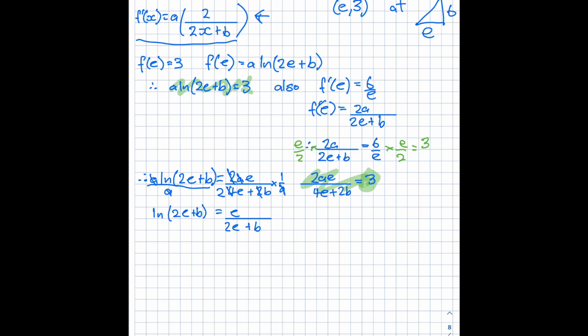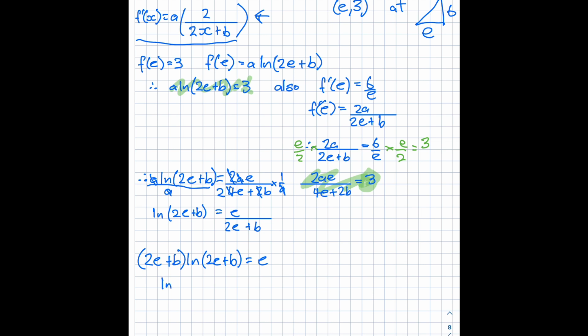All right, I'm going to times by 2e plus b, so I get 2e plus b ln 2e plus b equals e.